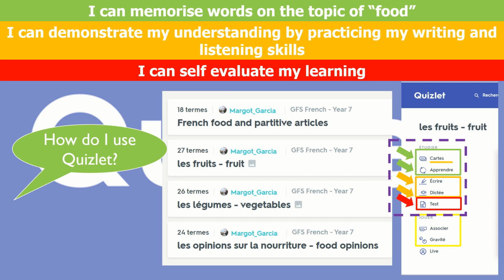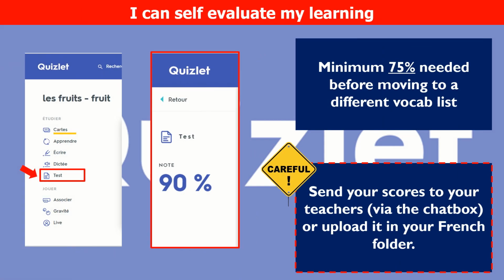Once you've done this for each list, for the test section, you need to send your results, your percentage, to your class teacher, your French teacher. At the end of the test, when you click submit, you're going to get a percentage showing you how much you actually know the words. I would like you to have a minimum of 75% for each list.